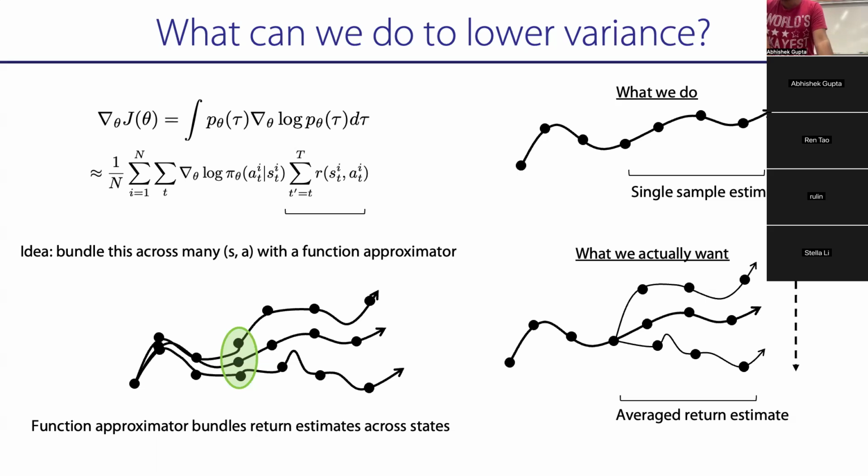Actor critic in general is just switching out single sample estimates with multi-sample estimates using function approximation. I think actor critic is used in two different ways, which we'll cover in a second, but generally that's the essence. Whenever people say actor critic, it means switching out single sample estimates with function approximation.